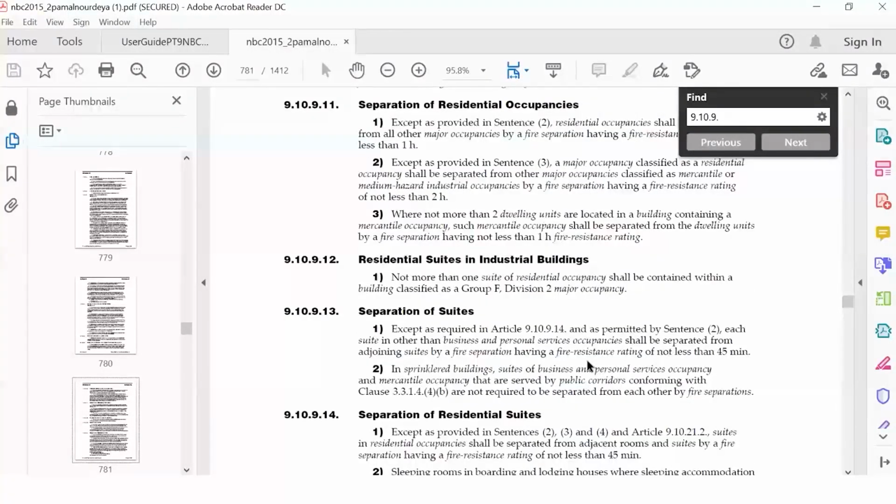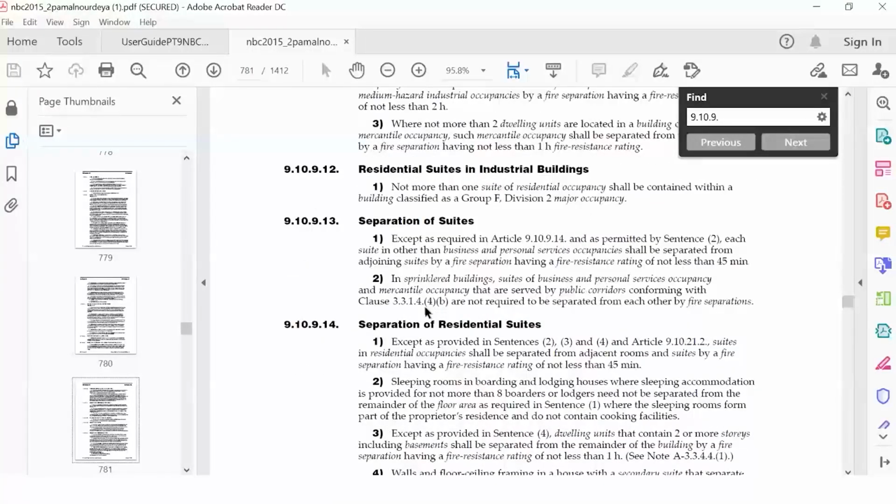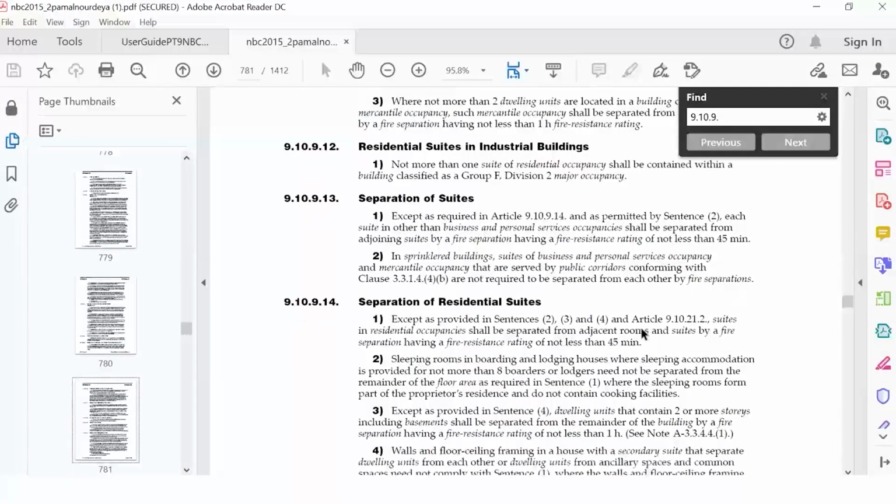And then residential suite, industrial building, separation of suites. Each suite in other than business and personal service occupancy shall be separated from adjoining suites by a fire separation having a fire resistance rating not less than 45 minutes. And in a sprinklered building, suites of business and personal service occupancies and mercantile occupancies that are served by public corridors are not required to be separated from each other by a fire separation.